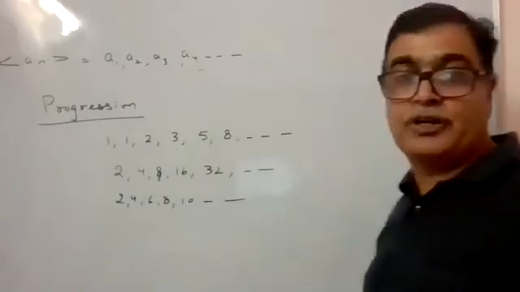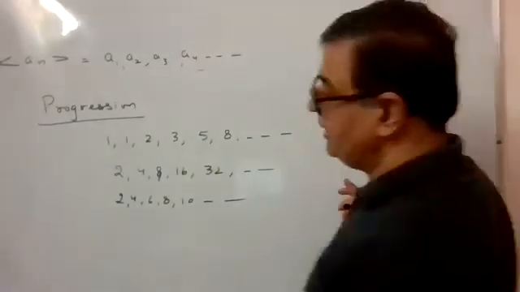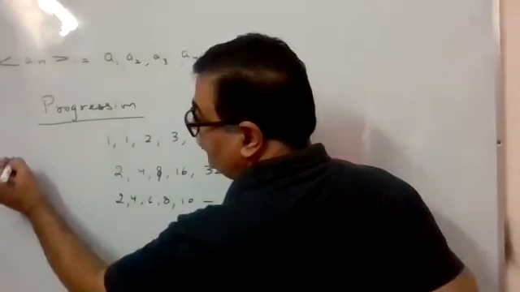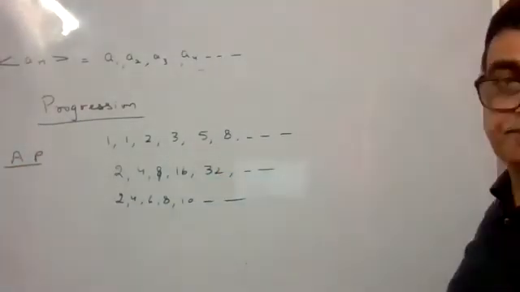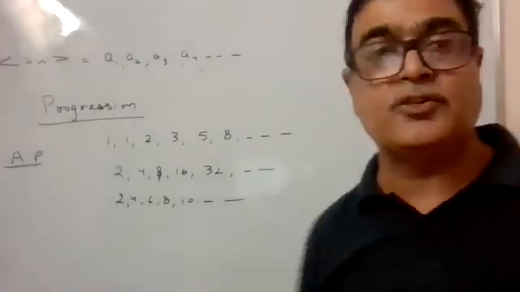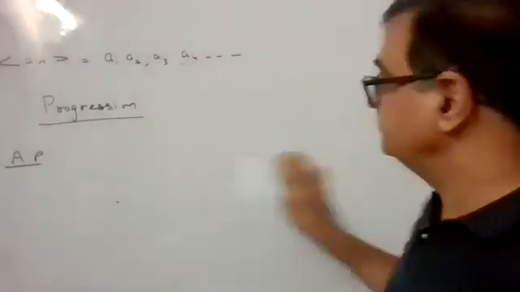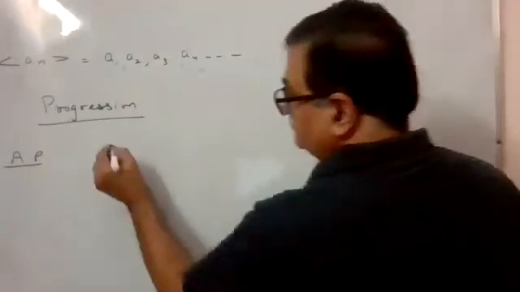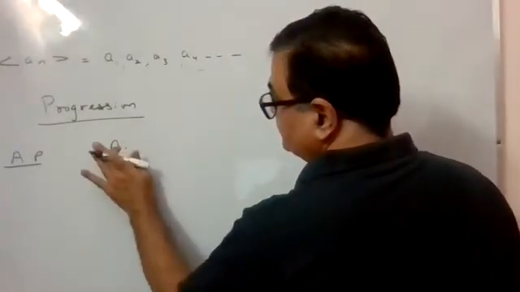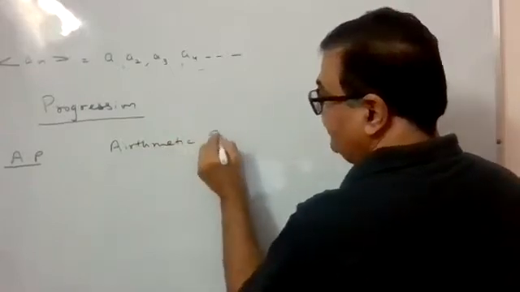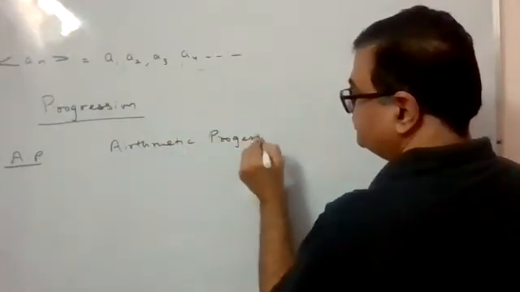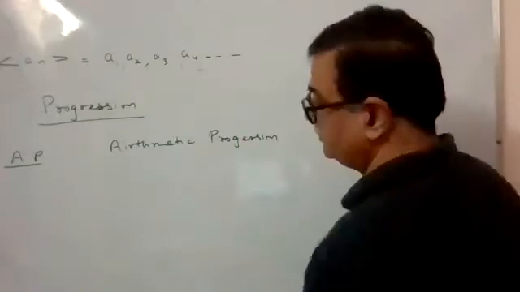And then we have progression in our syllabus. There are 3 types of progression we have. One is called arithmetic progression, which we started last year, which you call AP.